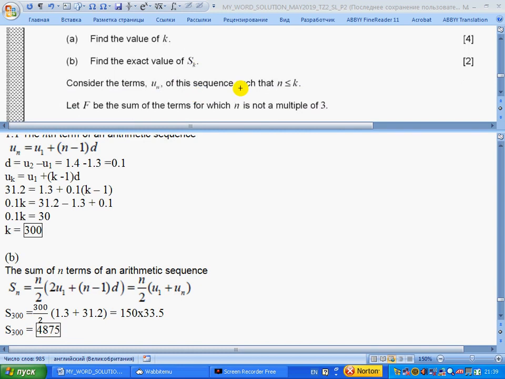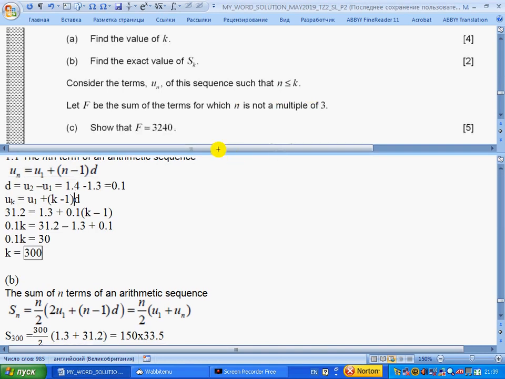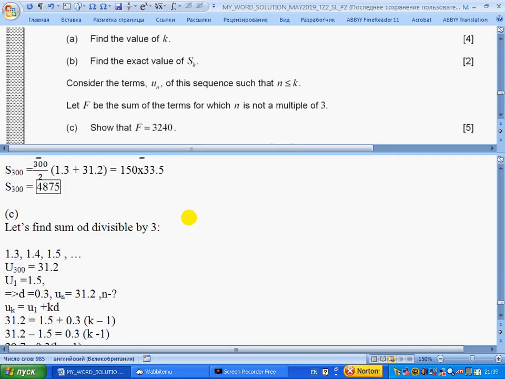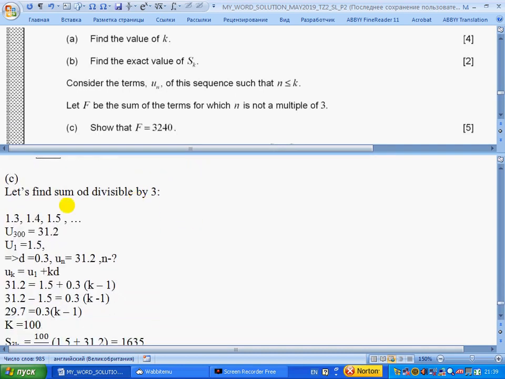Consider the terms un of the sequence such that n is less than or equal to k. Let f be the sum of terms for which n is not a multiple of 3. Show that f equals 3240. We will go in the opposite direction. We will find the sum of terms divisible by 3.